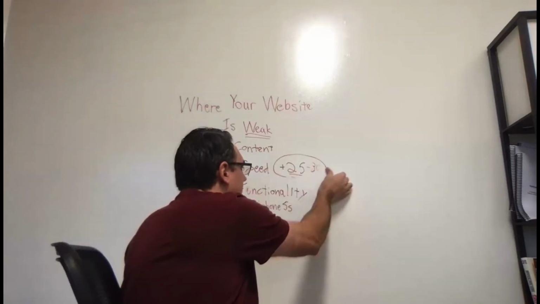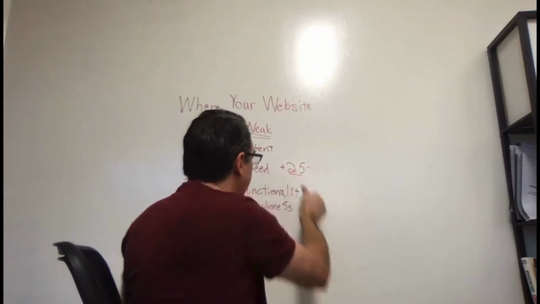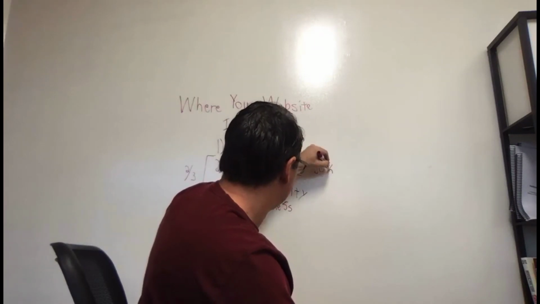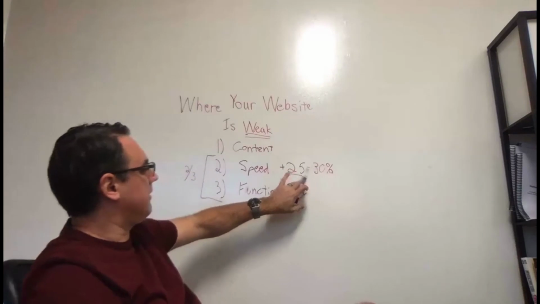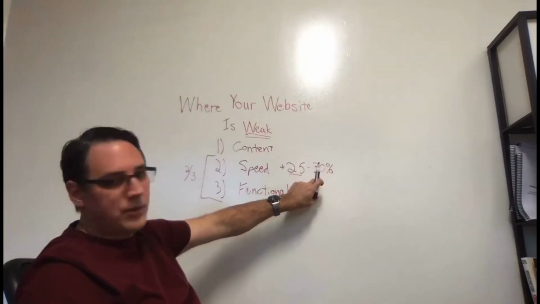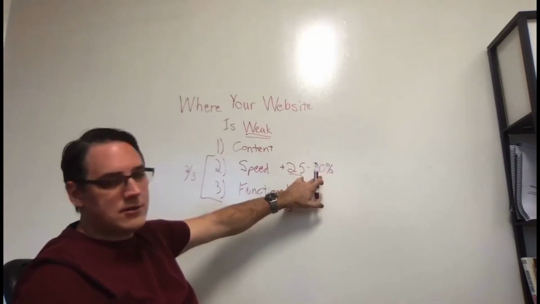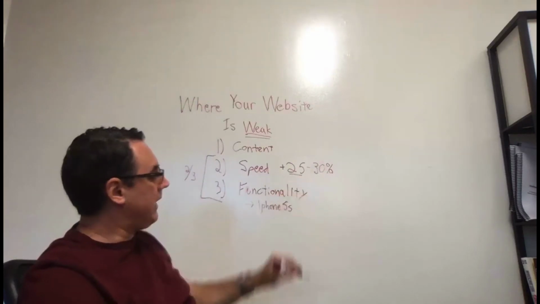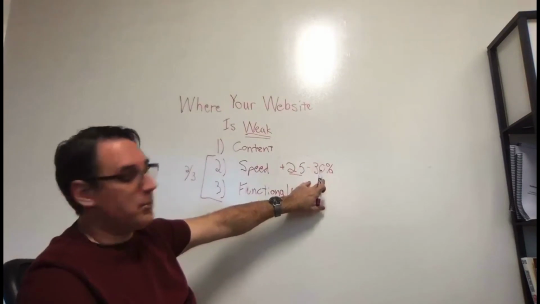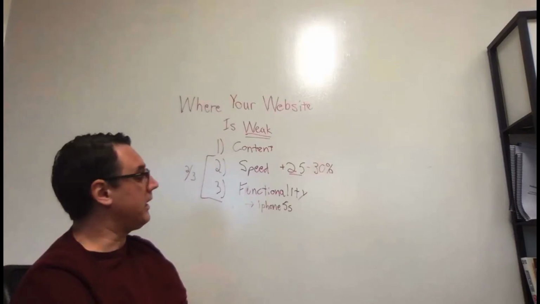Let me just take the circle off here. Here's what usually happens. We usually get 25 to 30% here. And yes, this improves profits substantially. But what our clients will usually do is, with this additional 25 to 30%, they can buy more traffic. They can go buy traffic from places that they couldn't buy traffic from before because it was just too expensive or they were break even.